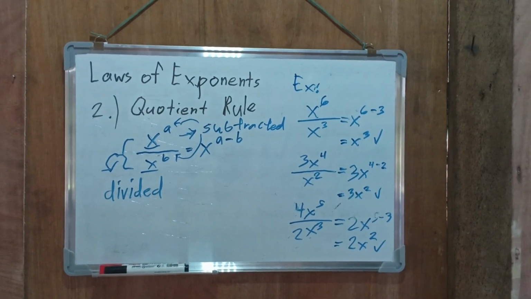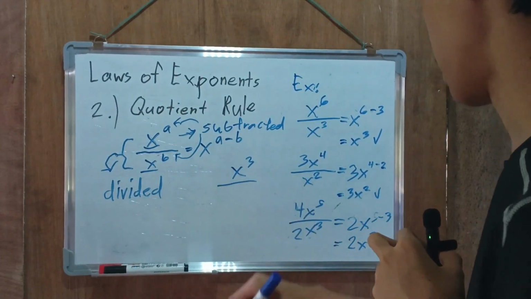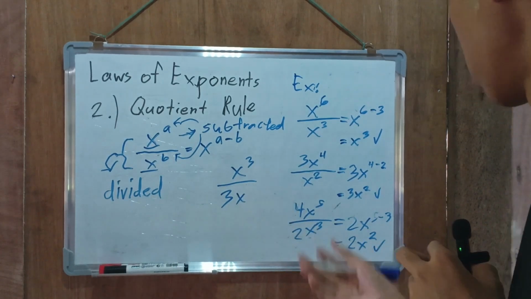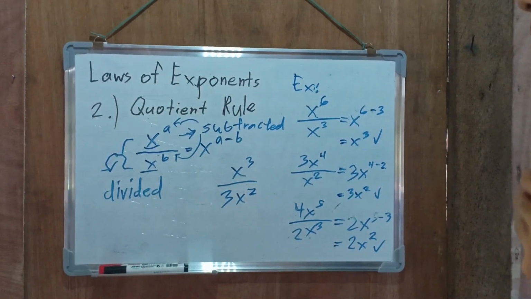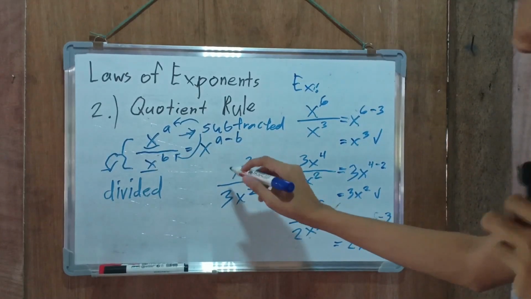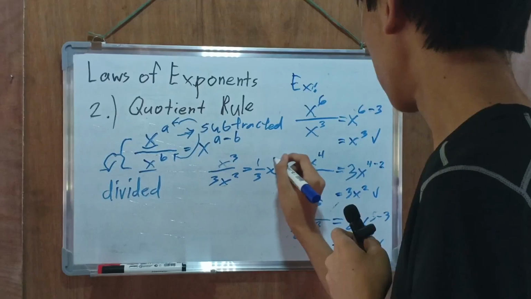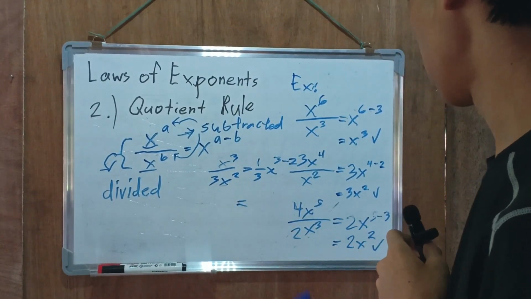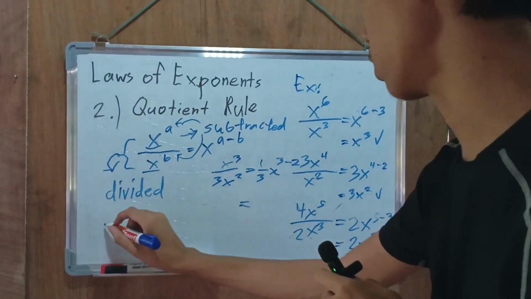Also, there is one more thing. What if x raised to the third power divided by 3x raised to 2? Since the x from the top has a coefficient of 1, we're going to take 3 minus 2, which is 1, and we don't need to write 1 because that's already under this.